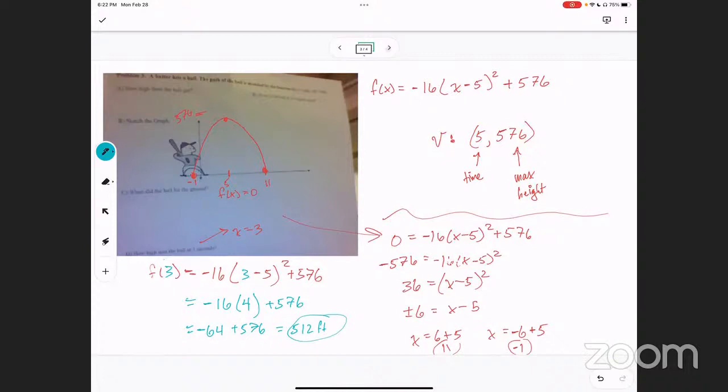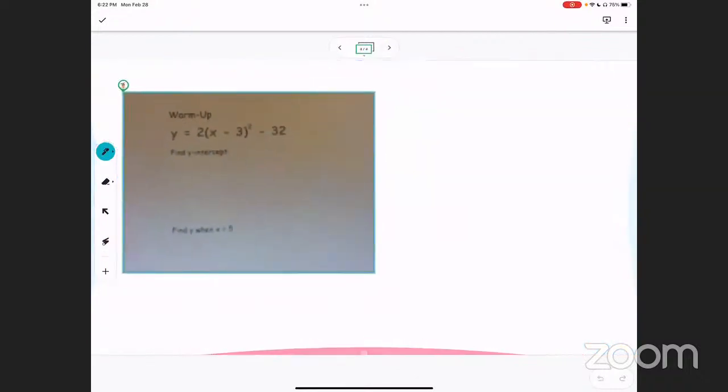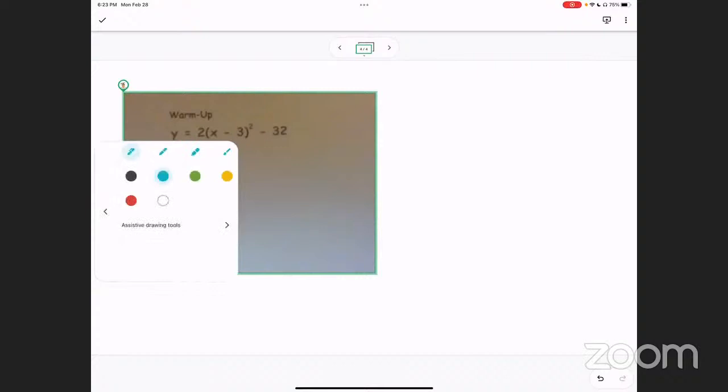That it? Or you got another one? I got one more. Warm up. What's the Y-intercept? You tell me how you do this one. Is it 32? The Y-intercept is where x equals what?